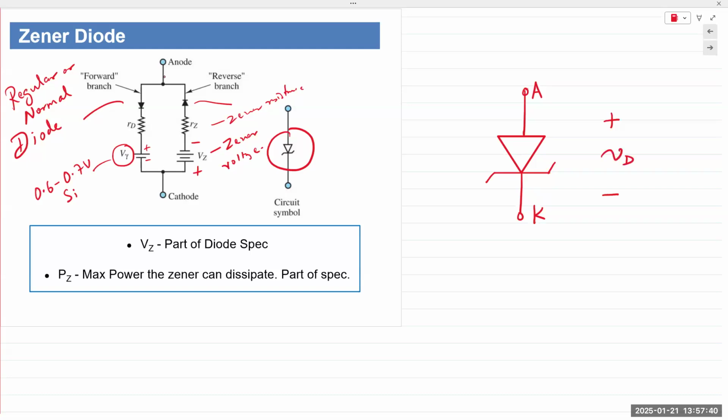That's your VD. Zener is always operated in the reverse bias. So Zener voltage is opposite of the diode voltage. And same thing with Zener current. IZ will always be opposite of the diode current ID.